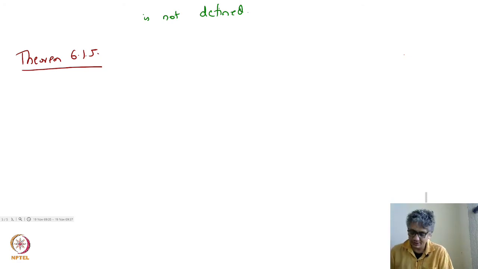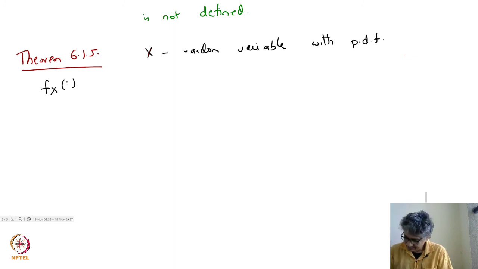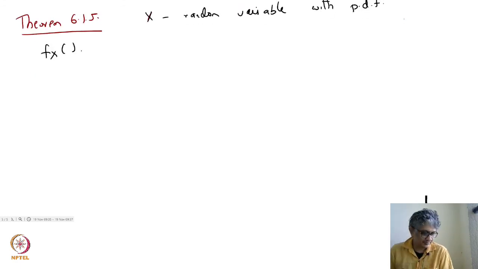Suppose I have X, a random variable with PDF f sub X. By this I just mean it's a piecewise continuous function from the real line to the real line, non-negative, with integral one.